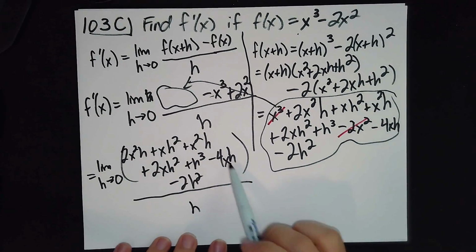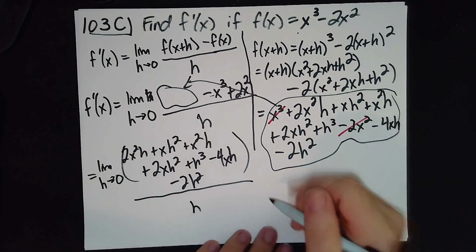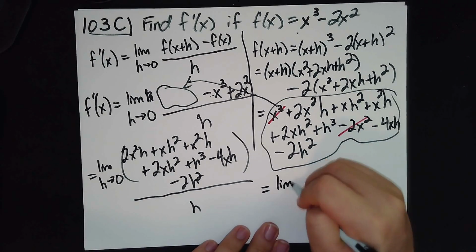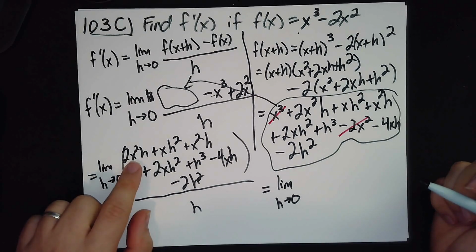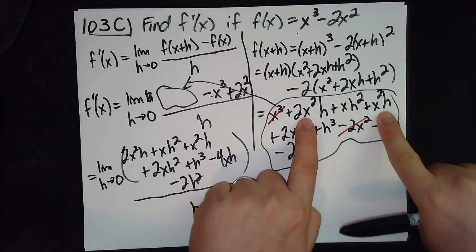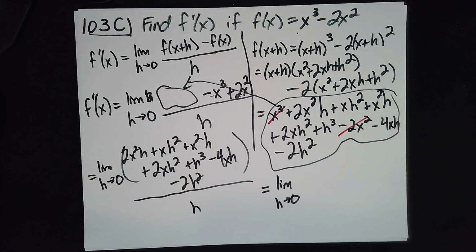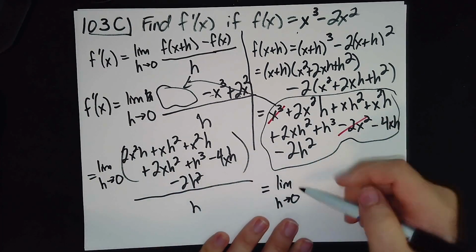And fortunately, every term here I can divide by h, so I get to do that. So this becomes the limit as h goes to 0 of, so this first piece here, oh, I see I lied when I said there weren't any terms that combined. Those two terms combined. But we'll handle it at the end.